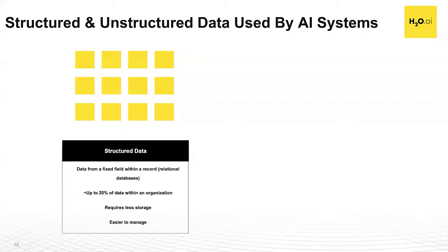So the first one is structured data. Structured data is any data that you can house in some sort of fixed field, like in a record or a file. So if you've used Excel, think of a spreadsheet or a relational database. That's structured data. It's easy to collect, easy to enter, easy to store, to query, to analyze, but you might have some restrictions on that data, like is it numeric?